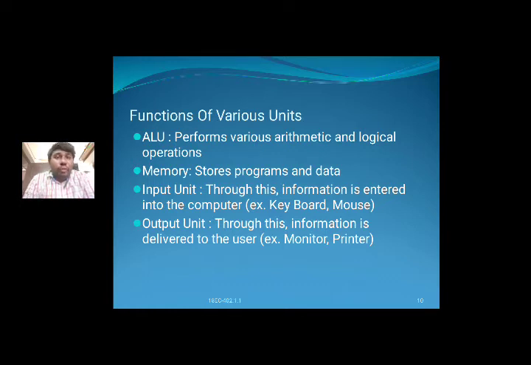The input unit is the means through which information is entered into the computer. If you want to give some function to our computer, we require an input unit, like a keyboard or mouse. These are the input units of the computer.